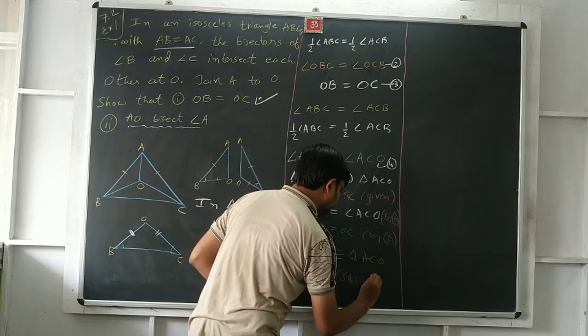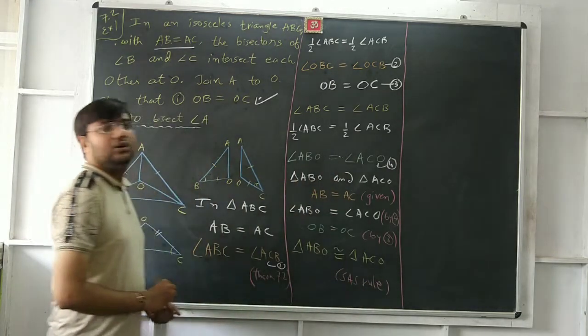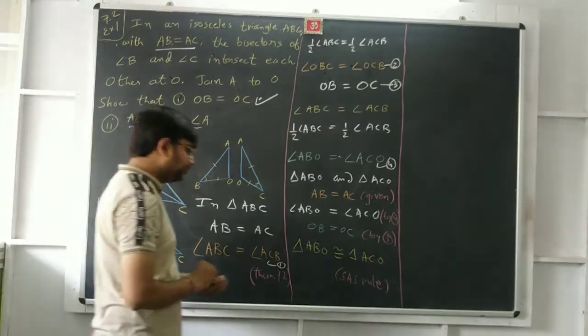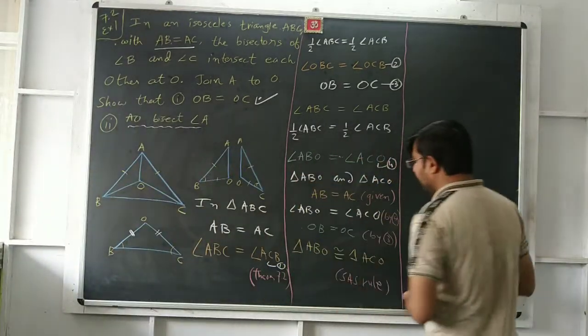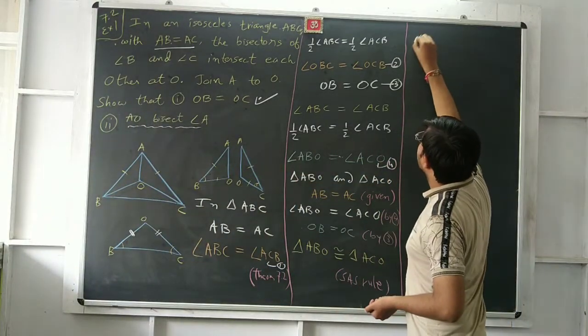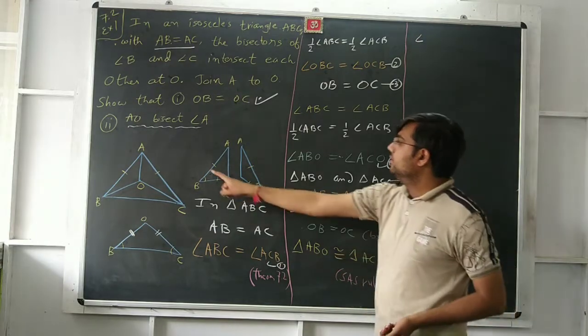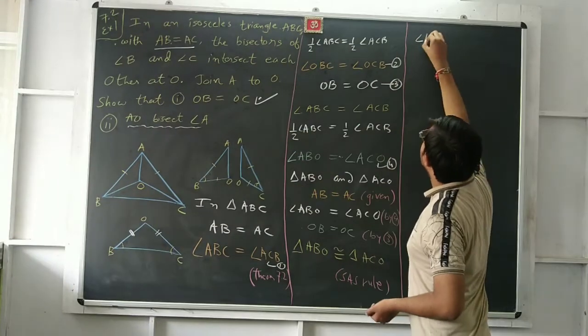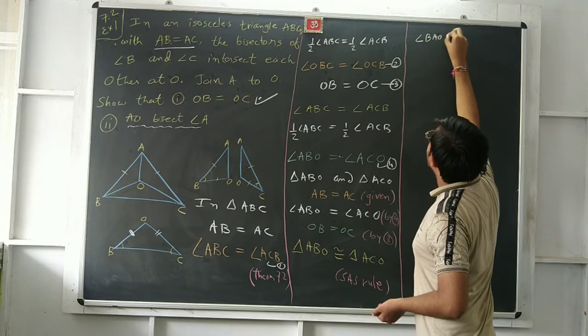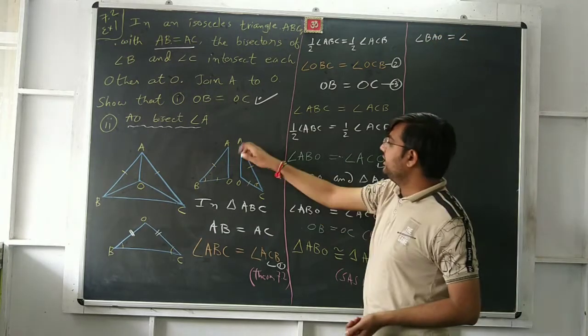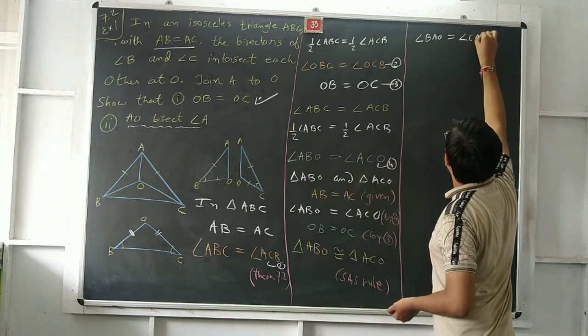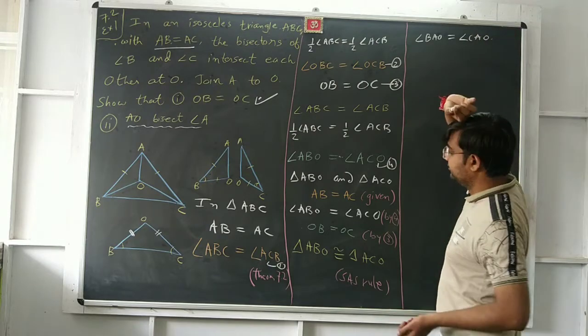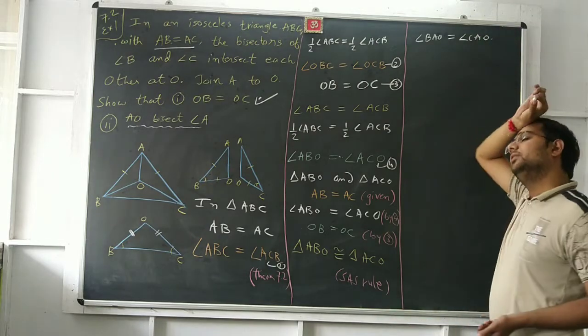Now I can also write that angle BAO is equal to angle CAO.